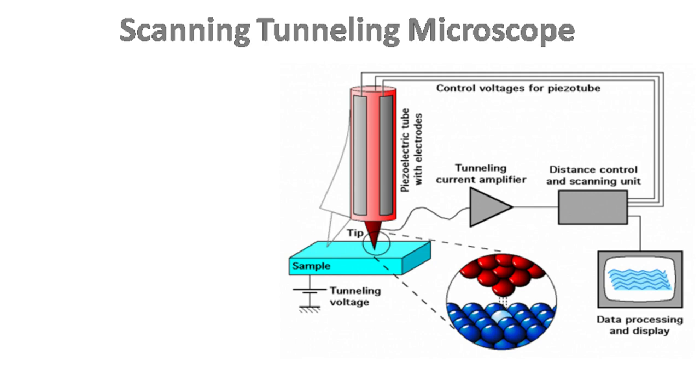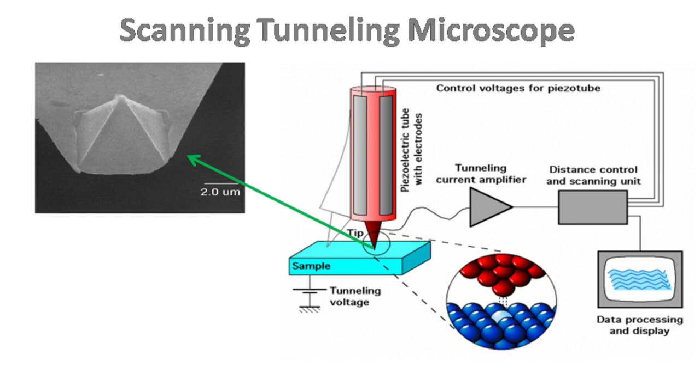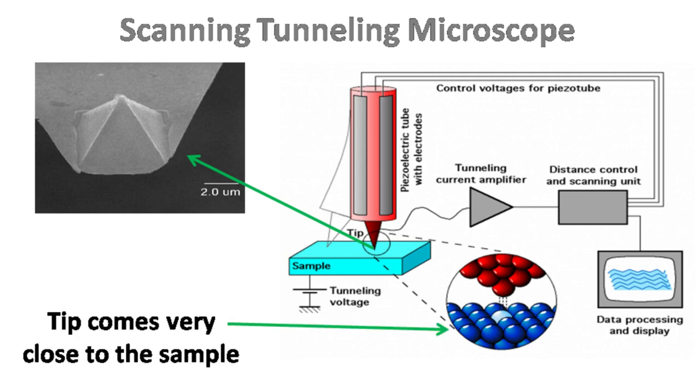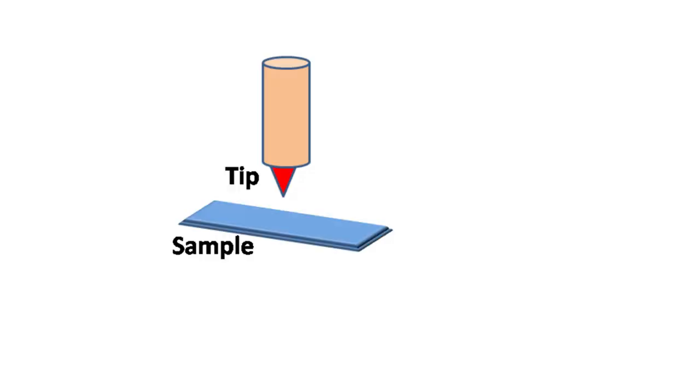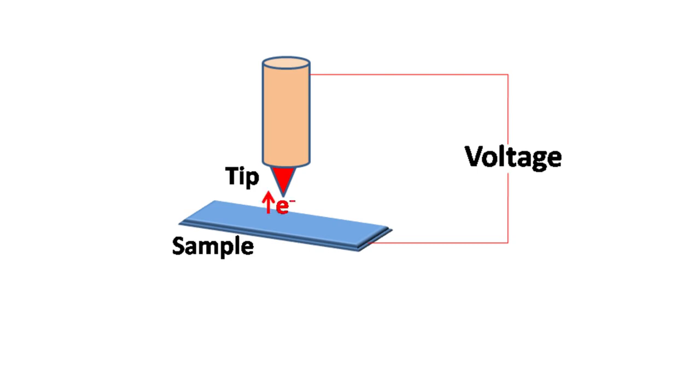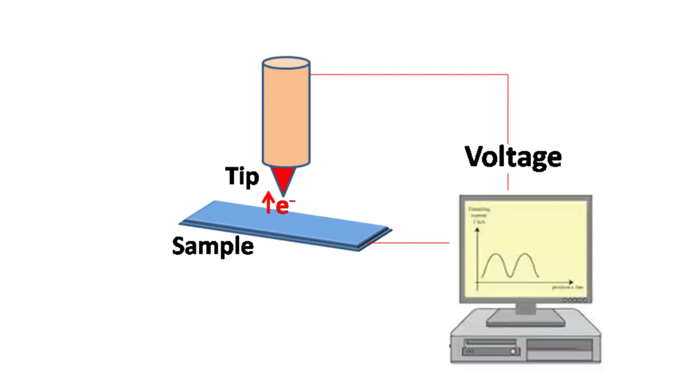The scanning tunneling microscope has a small nano-sized tip which comes very close to the sample. When electric potential difference is applied between the tip and the sample, the electrons from the sample are tunneled to the tip. The small electric current produced by the tunneled electrons is amplified and sent to the computer.